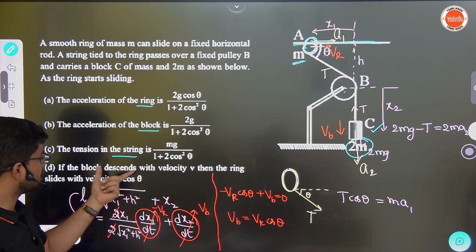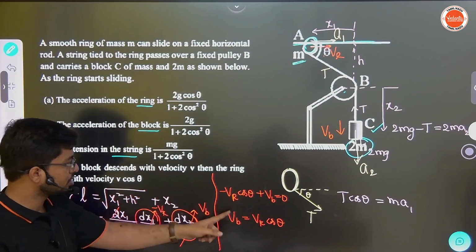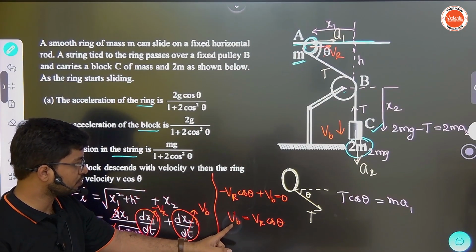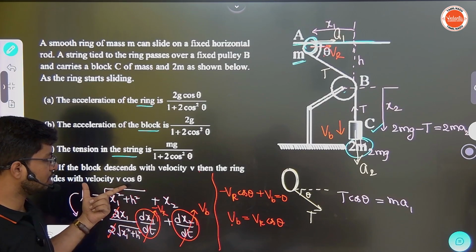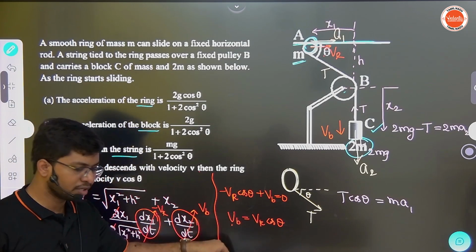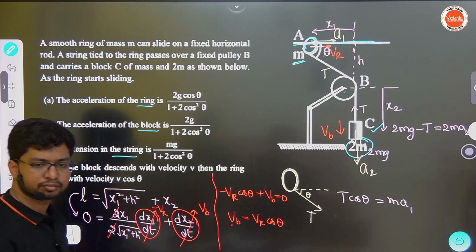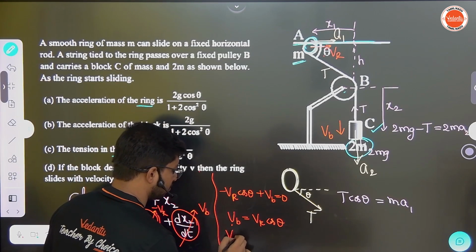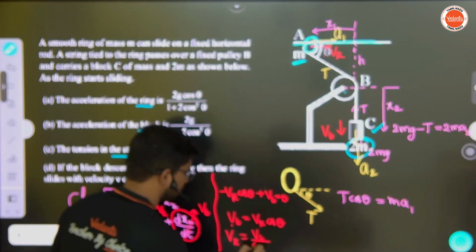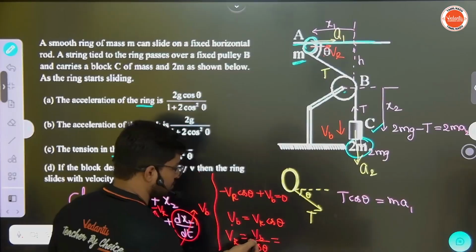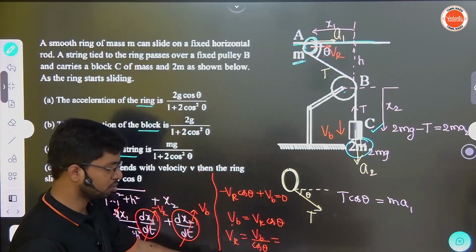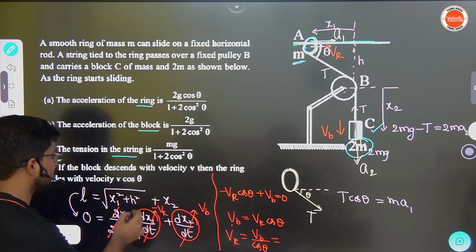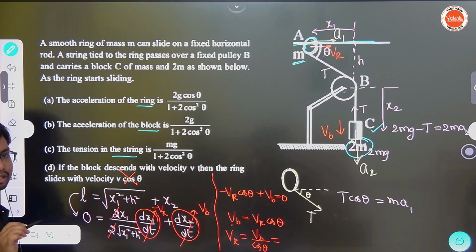Block descends with a velocity v, velocity of the block is v, then ring velocity is vb divided by cos theta, that is v by cos theta. So the given statement is incorrect.